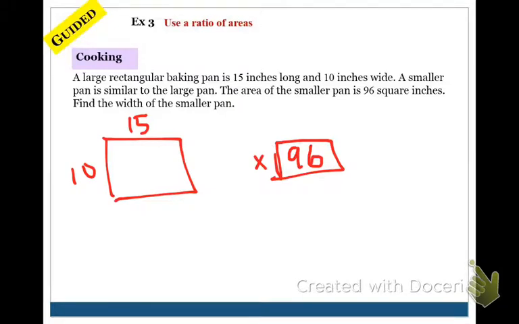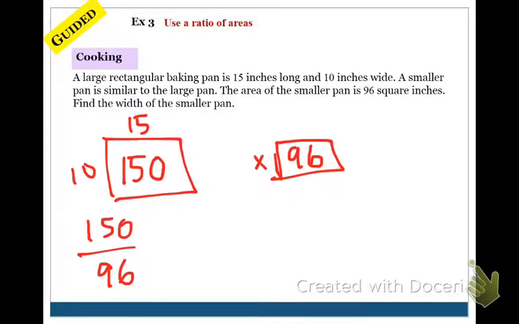Here's how we would do this. We have to find the area of the large pan. What's the area of the large pan? 150. All right, so now we know the ratio of the areas. It's 150 over 96. We have to find x, the width of the smaller pan.